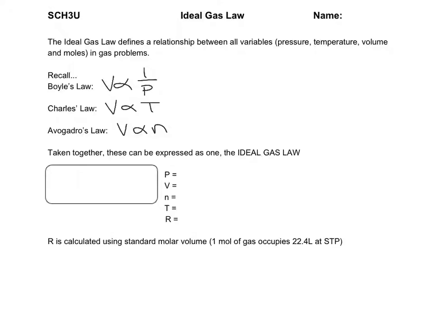So I'm not really too concerned about deriving this gas law or calculating the R value, but I do want to show you how we've done that and why all of these things are really interrelated concepts. If I'm going to take a proportionality and convert it into an equation, I need to add a constant into it. So I could say that volume equals some constant, let's call that K, times this inverse pressure.